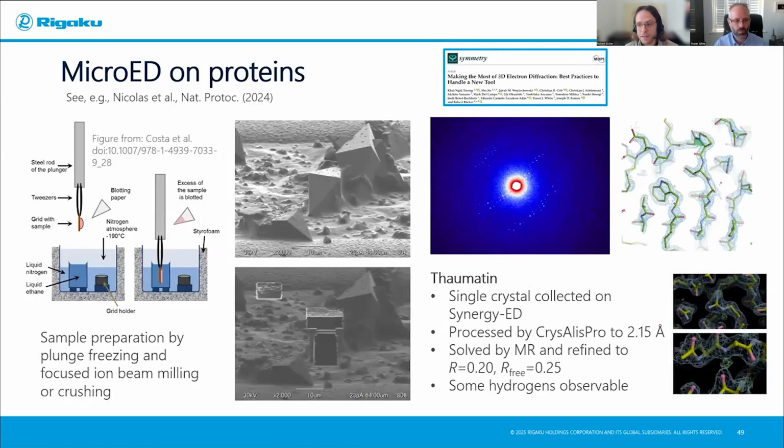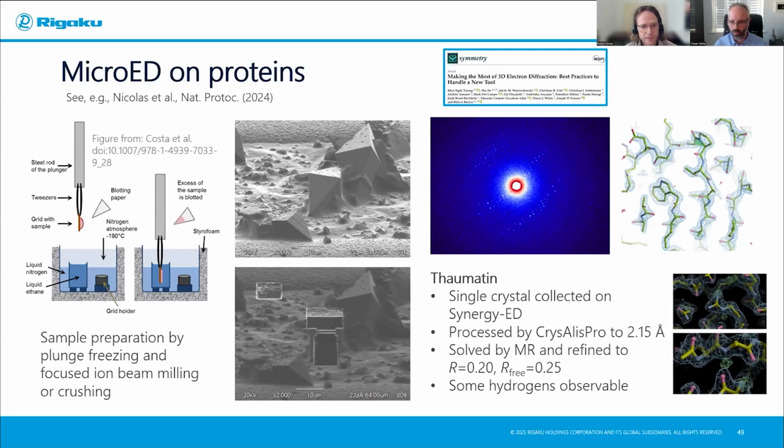Now, finally, I would like to mention that micro-ED is absolutely possible. It has to a large extent also been developed for the case of proteins. It also works very nicely under Synergy ED, as shown in this paper, and also runs the normal CrysAlisPro pipeline. The bottleneck at the moment, I would say, for protein micro-ED is that sample preparation is still quite hard.